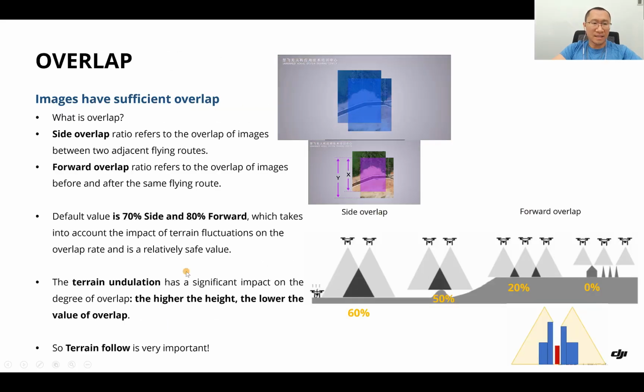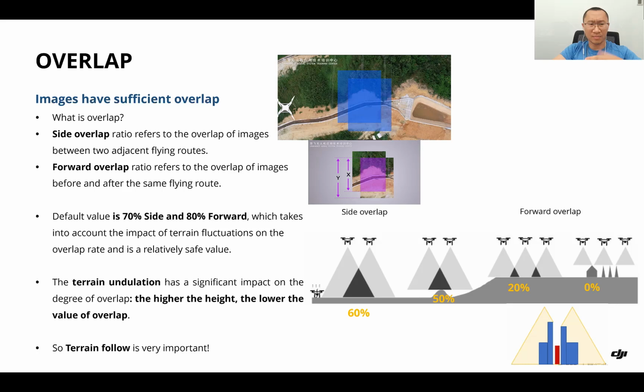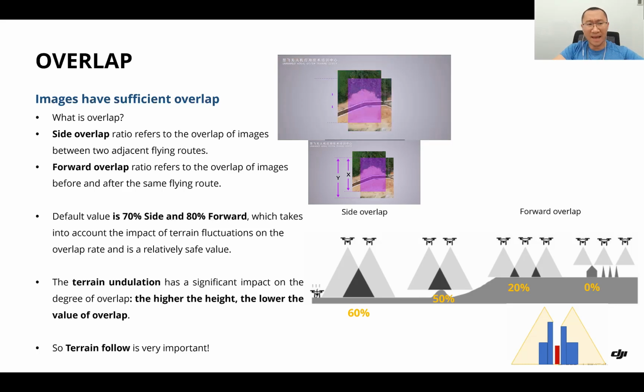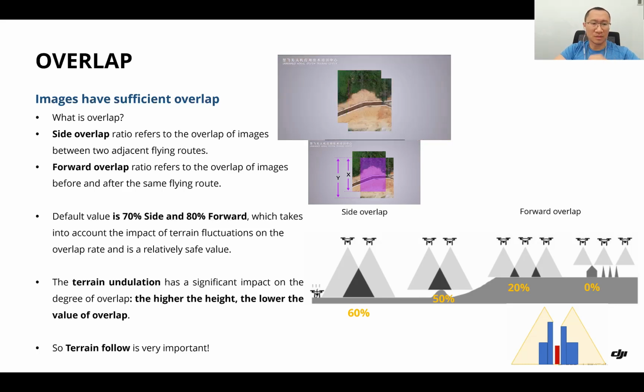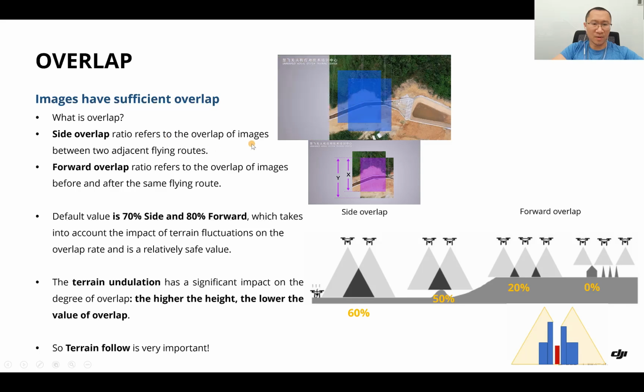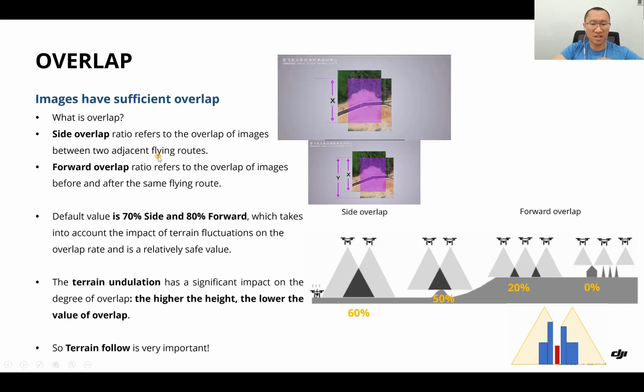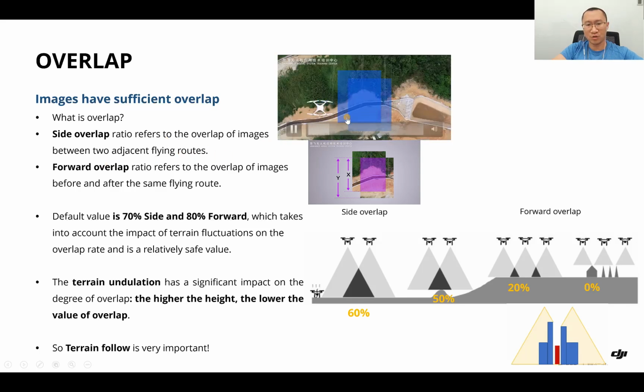The third requirement is that the images should have sufficient overlap. But what is overlap? Overlap has two parts: side overlap and forward overlap. Side overlap refers to the overlap of images between two adjacent flying routes, just as the video shows.